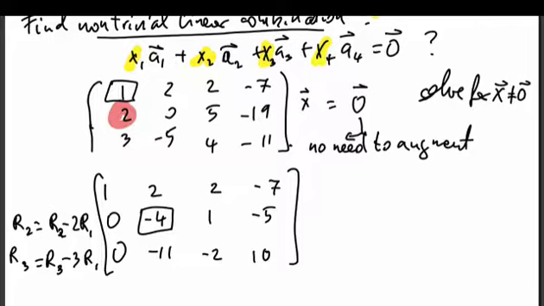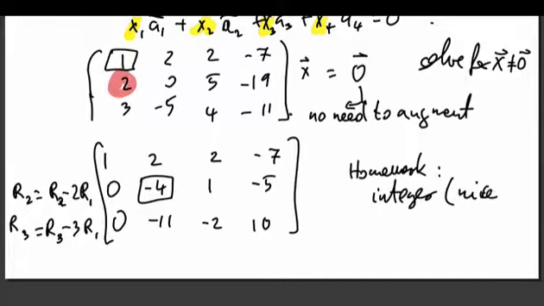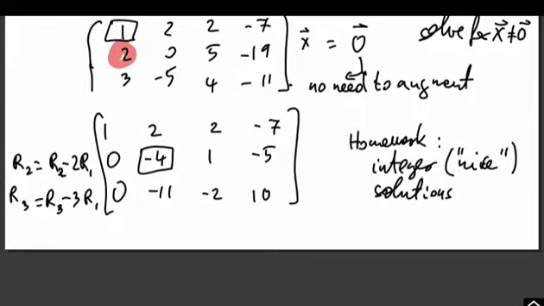Now, here is a very important technical step. Most homework assignments, not just in WeBWorK, but in pretty much all textbooks, the solutions are typically integers, nice solutions. It's always possible to avoid fractions in this Gauss-Jordan elimination.